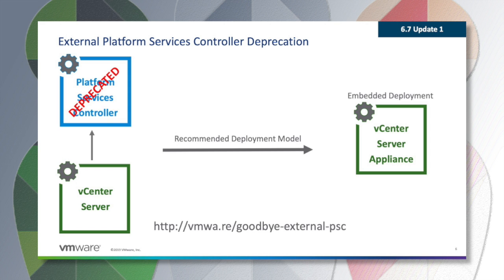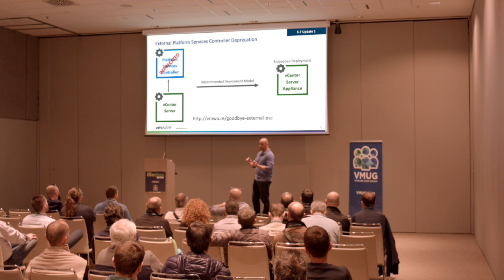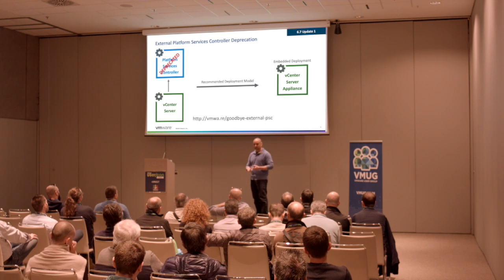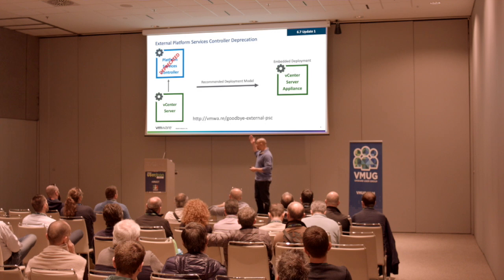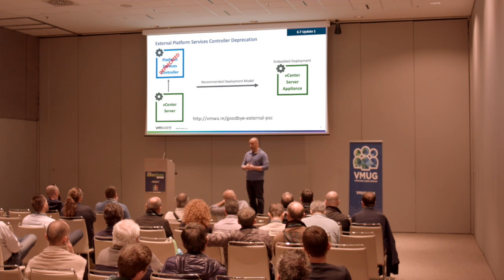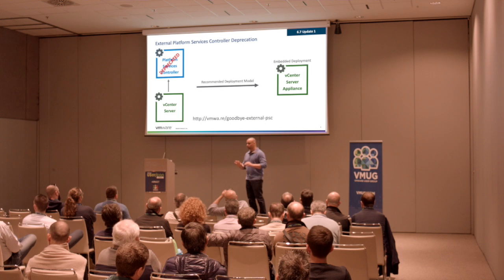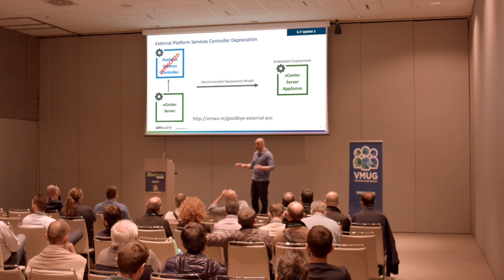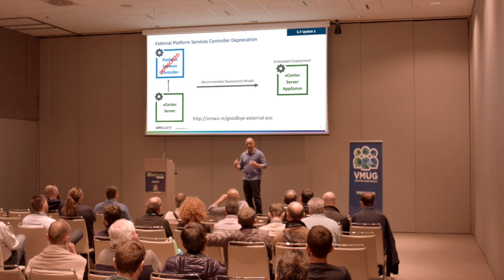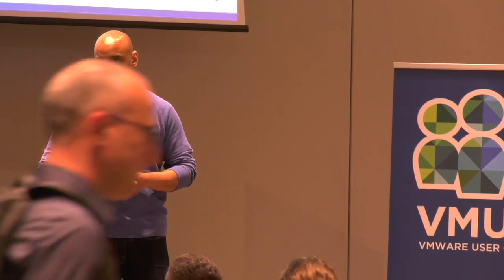But having this becomes more nodes to manage, more nodes to update, patch, upgrade, etc. And then if you want high availability, well, now you need a load balancer. So it becomes even more complex. So what we're doing is simplifying this deployment model completely, and we're going back to the embedded deployment model. There's no need for load balancers. We have VCHA for high availability. So this will make it easy also from a lifecycle perspective.